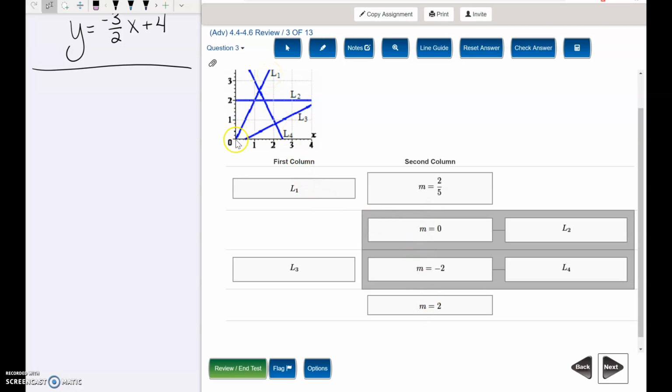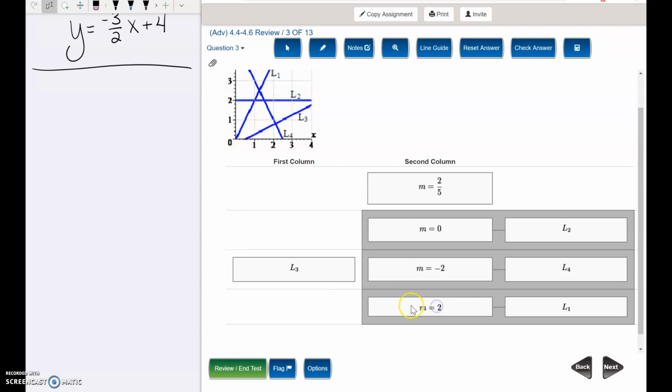Line 1, from this point 0, 0, it looks like 1, 2, 3. It goes up like 4. Oh, shoot. It goes up 2 and then over 1. So it looks like line 1 has a slope of 2, which means line 3 would have a slope of 2/5. And notice 2/5 would take this off the graph, so there isn't really even a point that we can start at here.